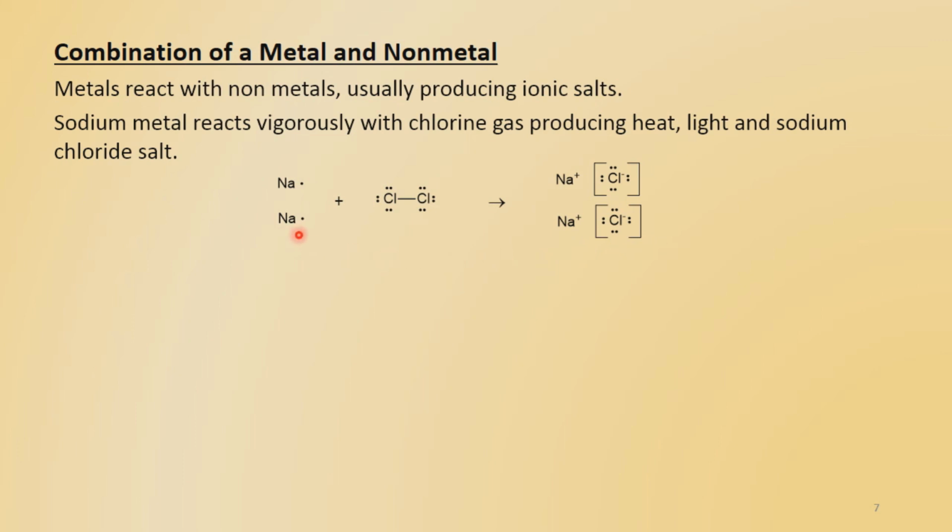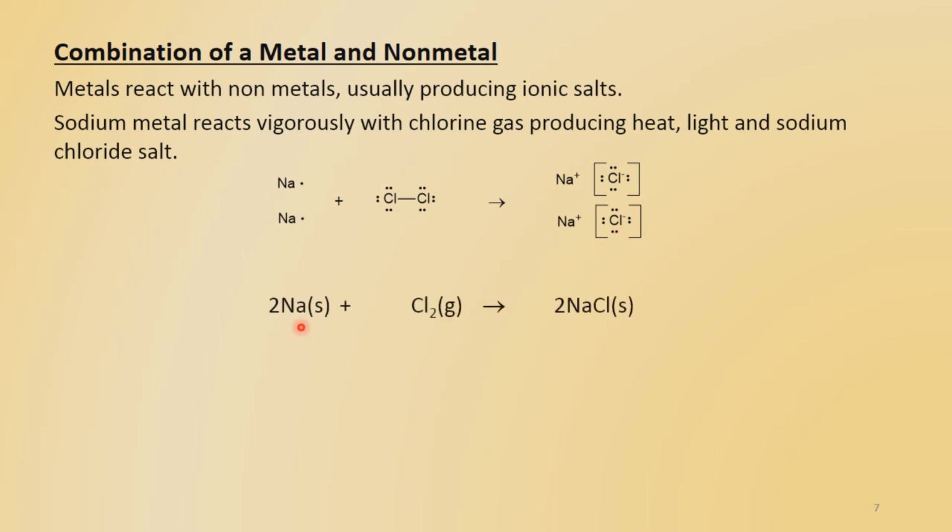Recall that sodium is a reactive group 1A metal that desperately wants to lose its one valence electron and empty its valence shell, and chlorine is a reactive group 7A nonmetal that wants to gain one electron to fill its valence shell. So this is a happy, or should I say vigorous reaction in which sodium loses an electron to form sodium cations, chlorine gains an electron to form chloride anion, and would produce sodium chloride, an ionic salt product. Here's the balanced equation.